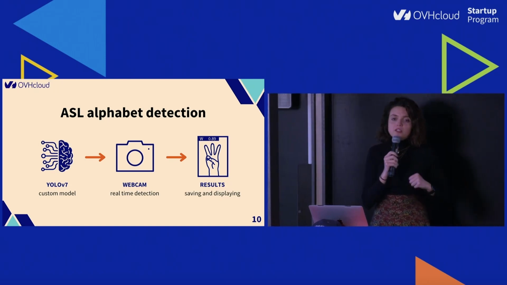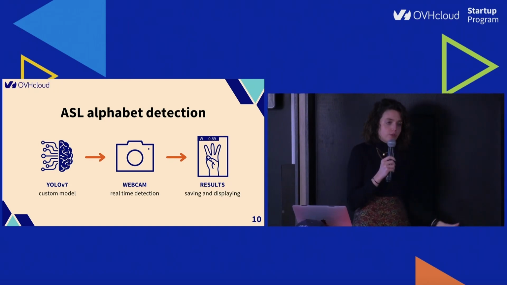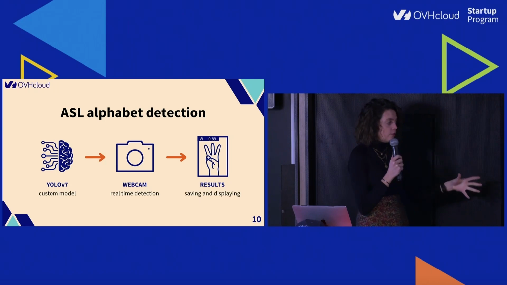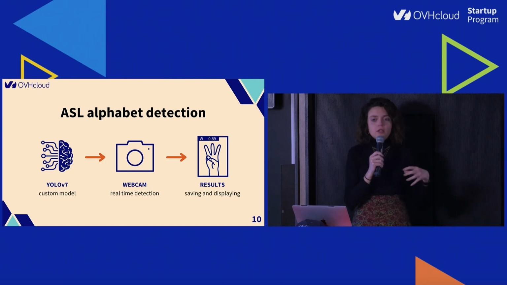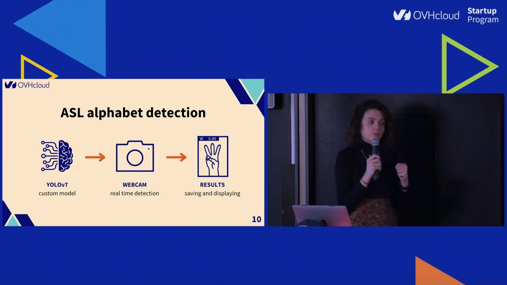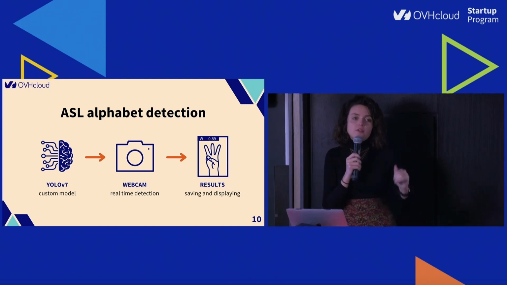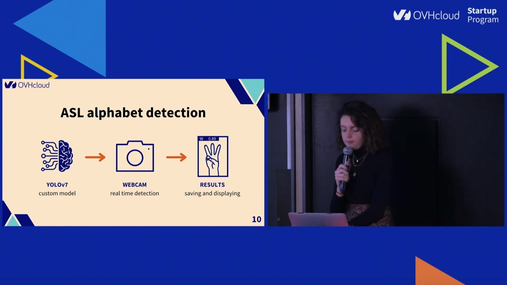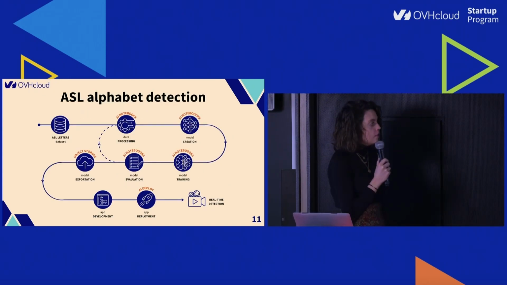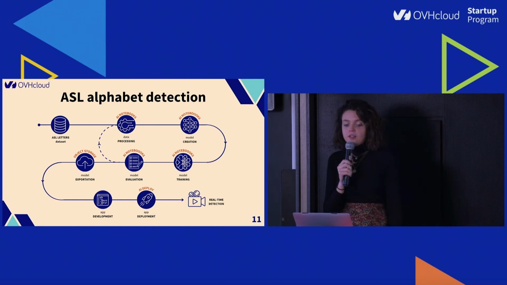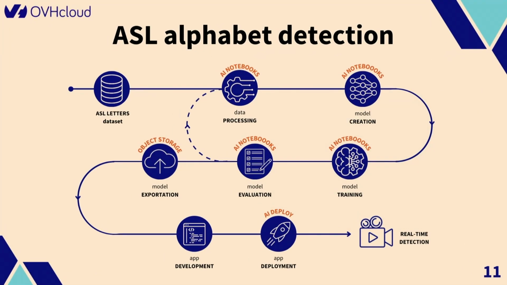Today we will detect American Sign Language letters, not all of sign language, because it would be too complicated. It's a POC only. So I will do a letter, for example, here a W. After that, I will save the letter to write a word at the end. So let's go for the journey to American Sign Language alphabet detection.